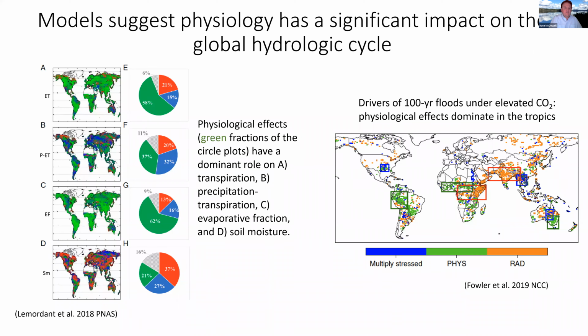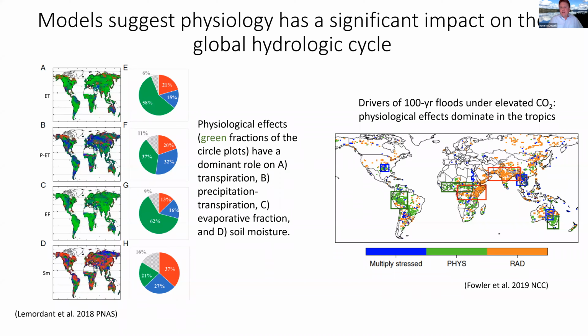So you can see that there's a large fraction of evapotranspiration that is accounted for strictly by physiological behavior in this model. The second panel is precipitation minus evapotranspiration. The evaporative fraction is in C and soil moisture is in D. So the main point here being that physiology matters in the models, and that's good news because I've been saying through this whole talk, physiology matters to the plants. So I think there's some convergence here that encourages me at the high level.